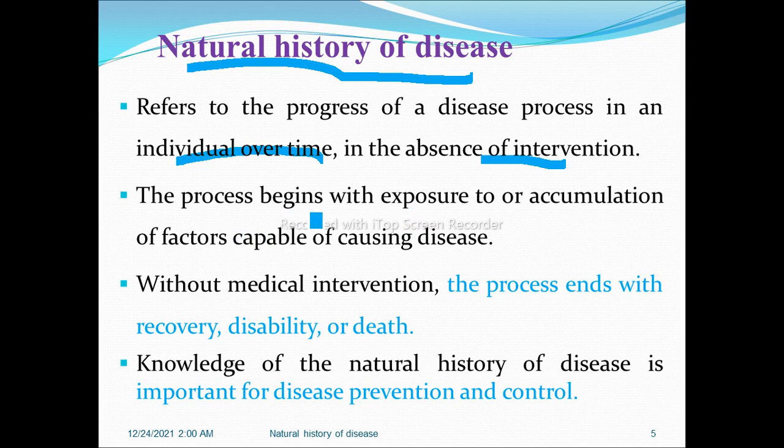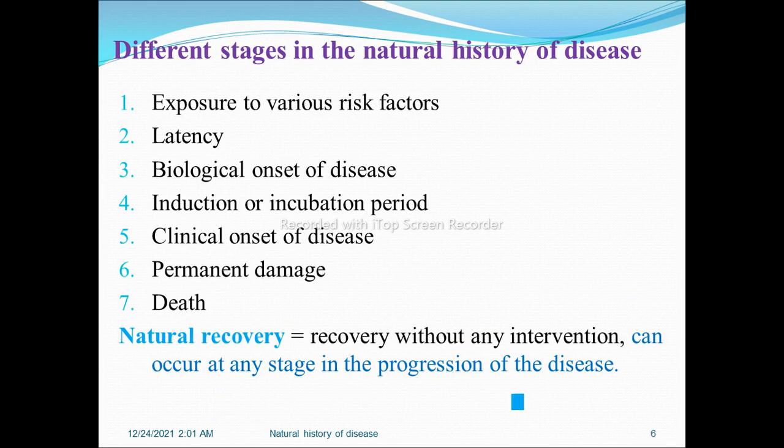The progress begins with exposure to or accumulation of factors capable of causing disease. Without medical intervention, the process ends with either recovery or disability or death. So the knowledge of the natural history of disease is important for disease prevention and control.